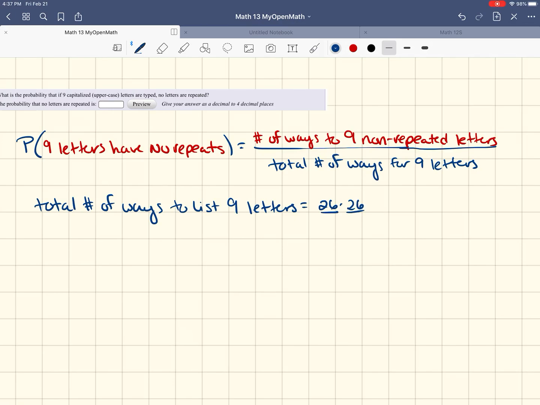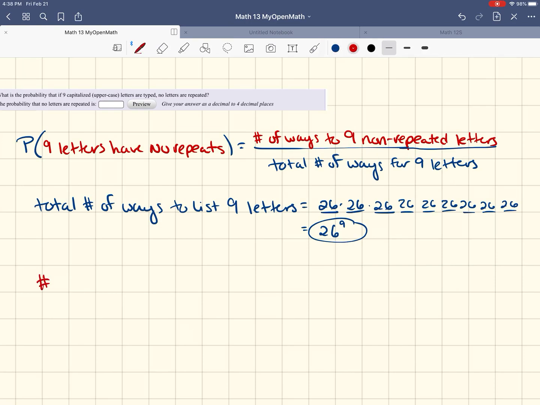There's no restriction on the next letter, so we still have 26 choices for the second letter, and 26 choices for the third letter. If I were to list out all of my 9 letters here, 1, 2, 3, 4, 5, 6, 7, 8, 9, each one of those has all 26 letters of the alphabet that are possible. In other words, 26 to the 9th power.